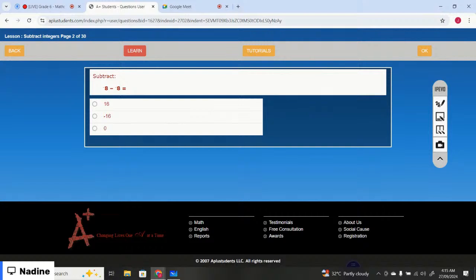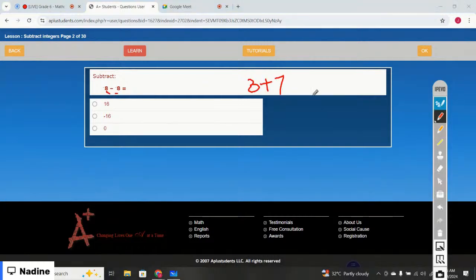Negative 8 minus negative 8. So which is the correct option? Subtracting a negative integer is the same as adding.